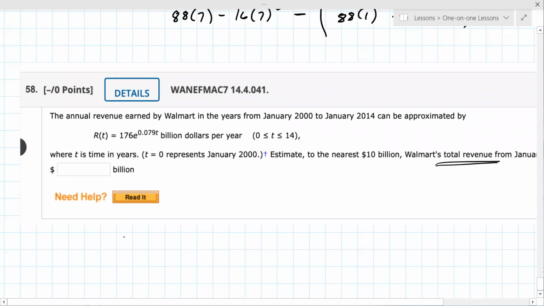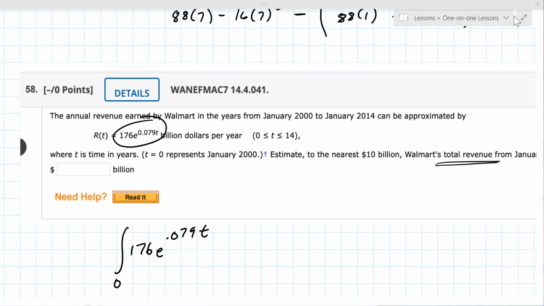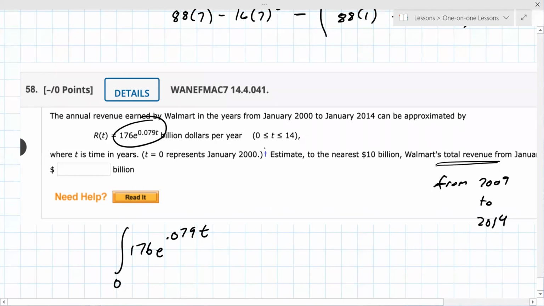So the total revenue is integrating the revenue function, 176e to the 0.079t, from 0 to what year? Oh, it's not 0 because it says from 2009 to 2014. So 2009, that's 9 to 14. You're going to integrate this from 9 to 14 and get that value.